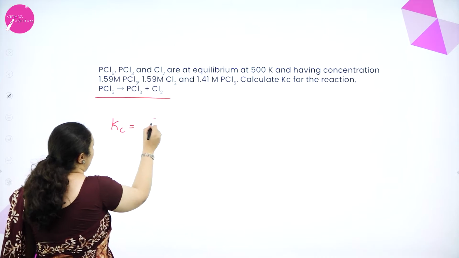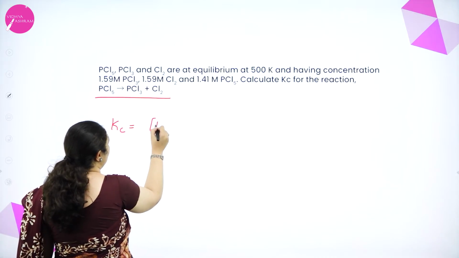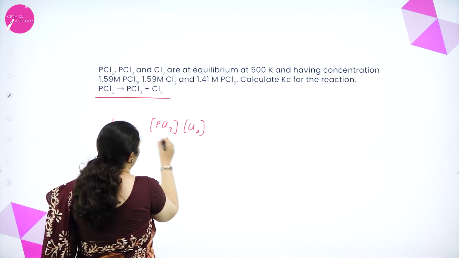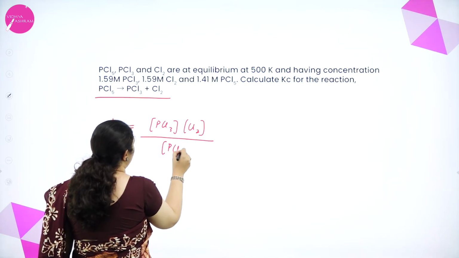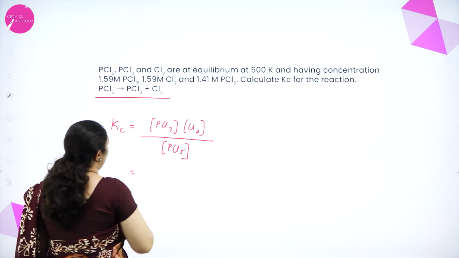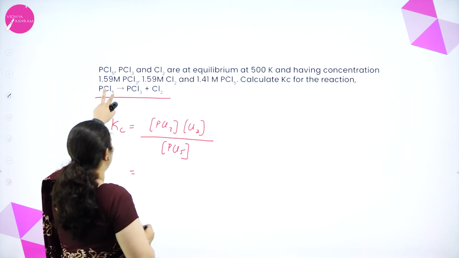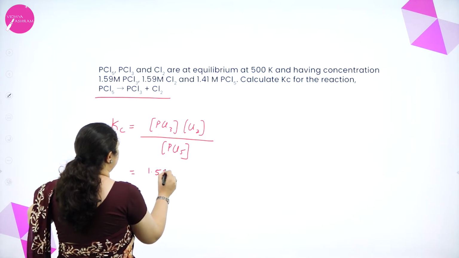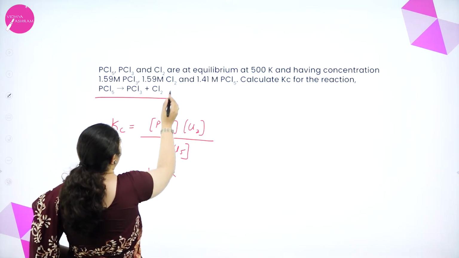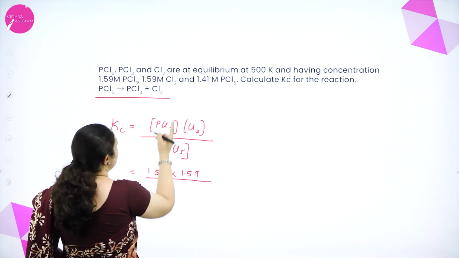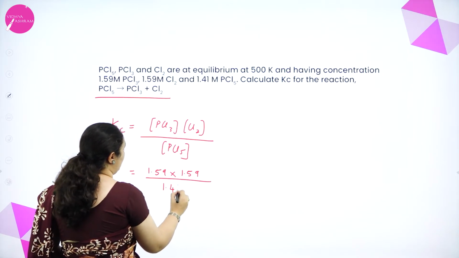So Kc formula: PCl3 into Cl2 divided by PCl5. So PCl3, what is the molar concentration? It is 1.59, into Cl2 is also 1.59, divided by PCl5 is 1.41.